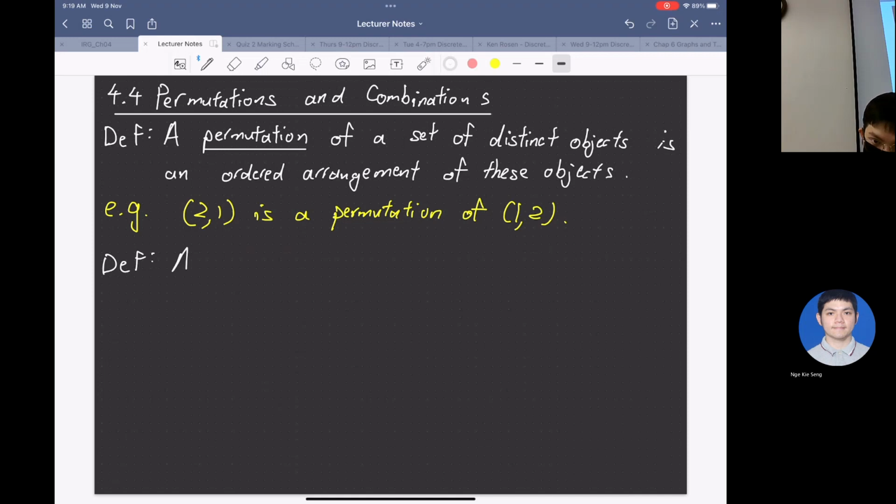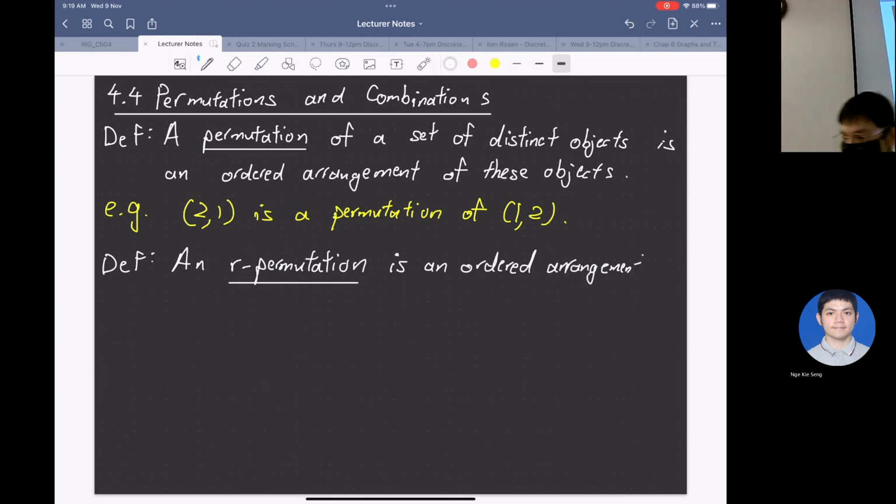Let's take another example. An r-permutation is an ordered arrangement of r elements.